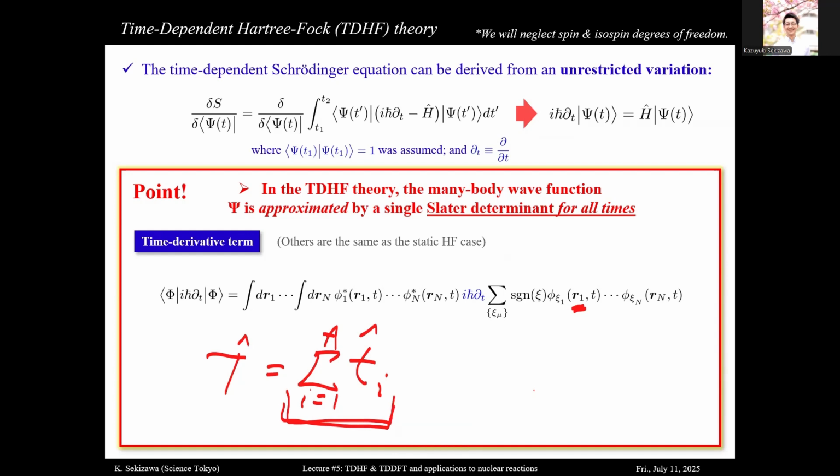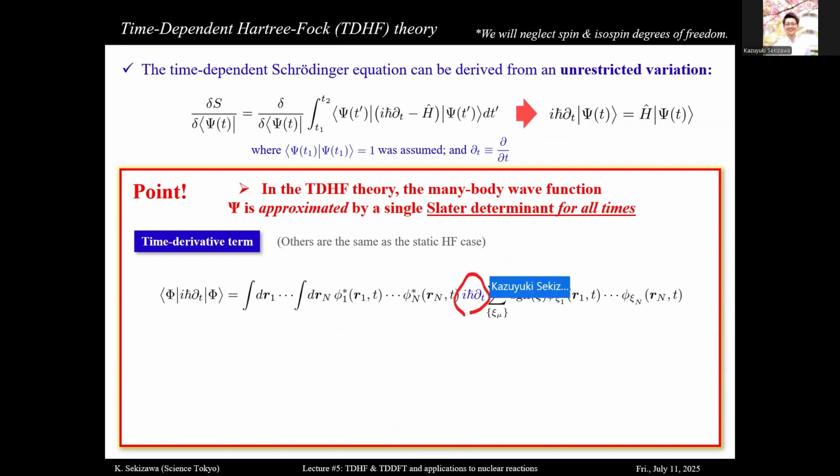And if you look carefully, this time derivative operator will act on the product of these functions: first on phi xi 1, plus the term acting on phi xi 2, and so on. So you will again get a summation over these wave functions.